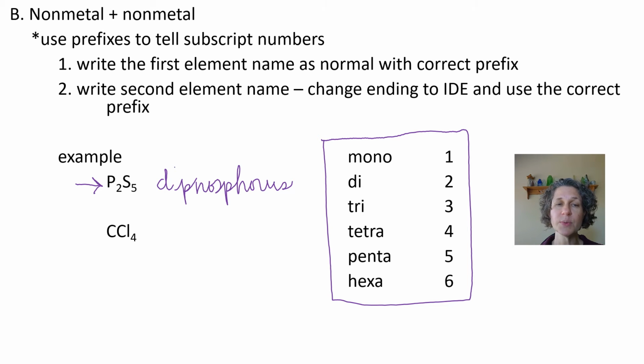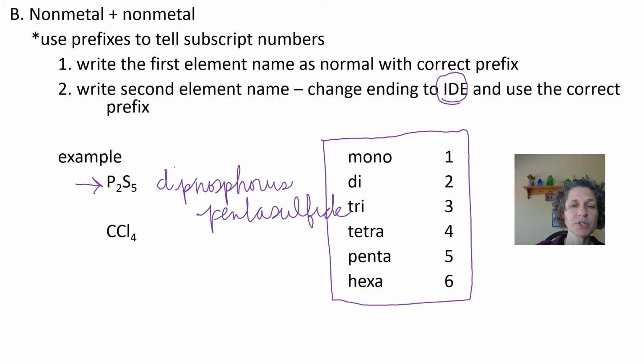The second element, I have to change the ending to "ide." So 5 is penta, so we would have penta, sulfide, because we're changing that ending: pentasulfide. Diphosphorus pentasulfide is P2S5.